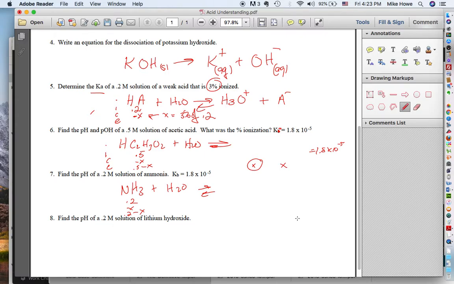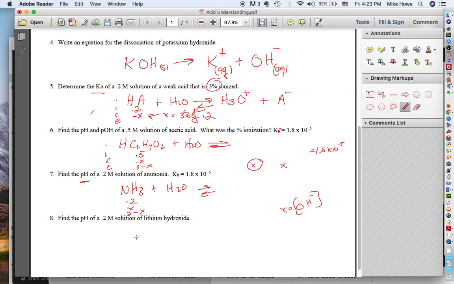You know this is going to be X and X. So once you know what X is, that will be the hydroxide ion. So X equals the OH minus concentration. If you take the negative logarithm of that, what do you have? pH or pOH? pOH. So to find pH, which is what the question asks, you're going to need to subtract that from 14.